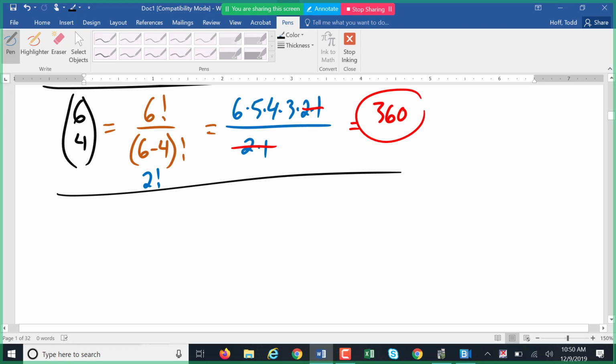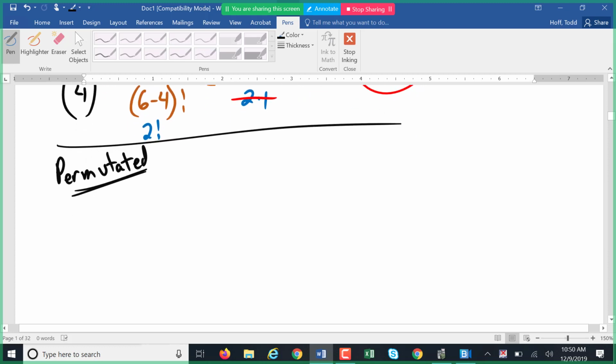So that is one type of coefficient, called a permutation coefficient. So let's talk about the combination one. What's happening here in this permutation one is when the order does matter.